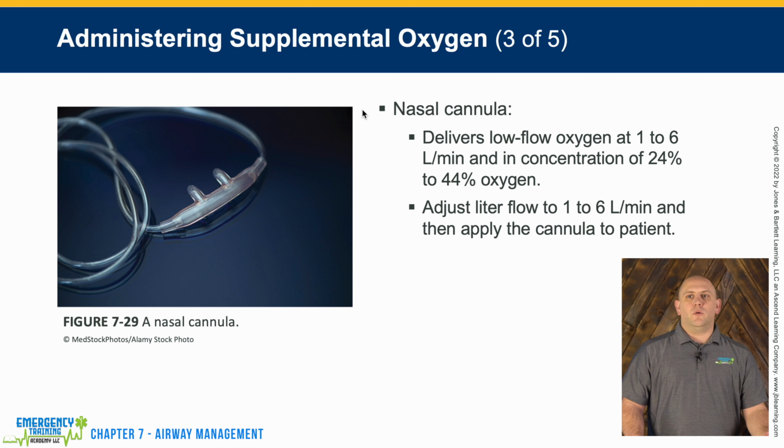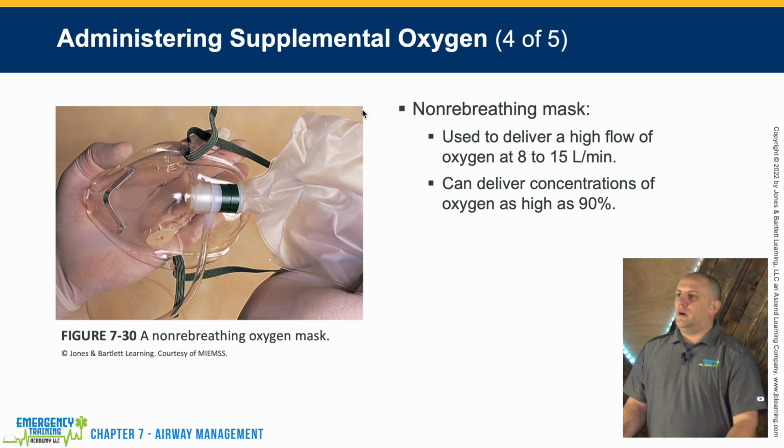As we talked about, our nasal cannulas are going to be low to moderate flow, so we're looking at 1 to 6 liters per minute as we're adjusting that flow meter. And as stated earlier, this is going to increase that oxygen concentration.